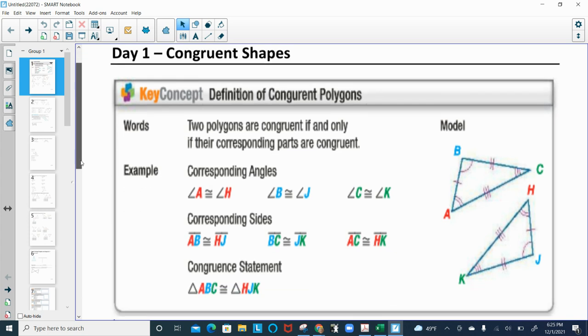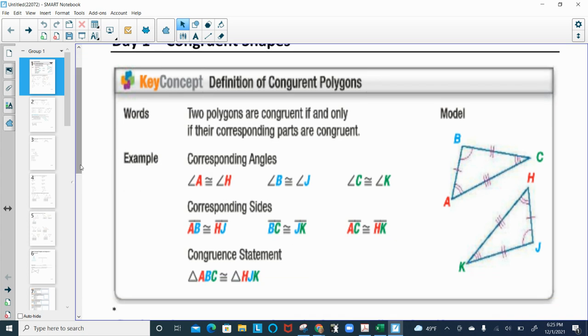If you look in the box on page 1, it says definition of congruent polygons. You have two triangles. In your packet, they are not color copies, but on my screen, you should be able to see the color coding that is going on. For example, angle A and angle H are congruent, and that's a symbol that looks like that.